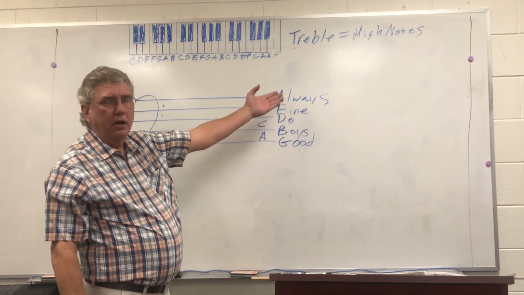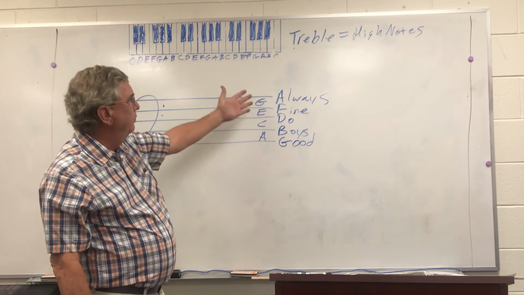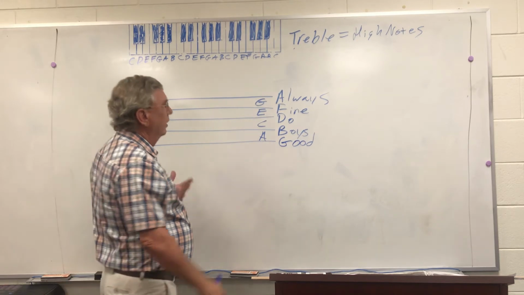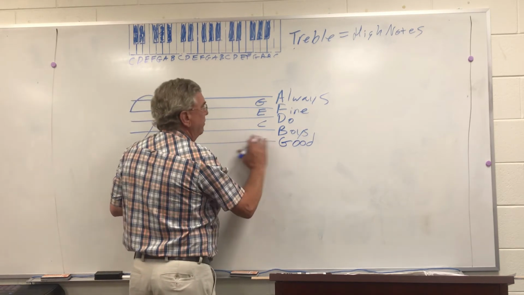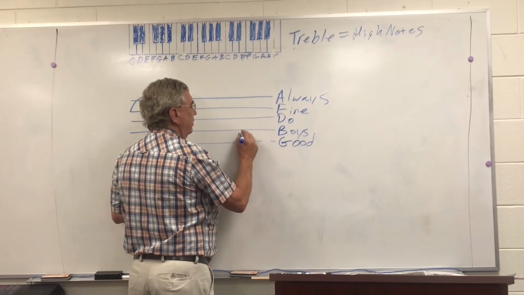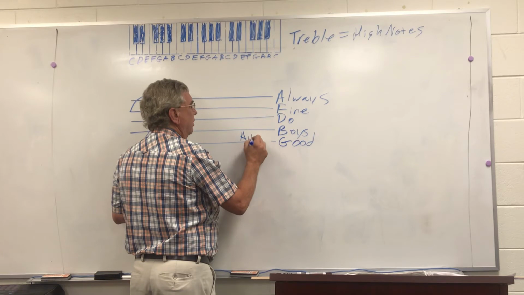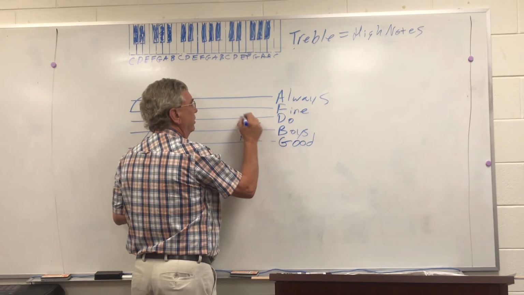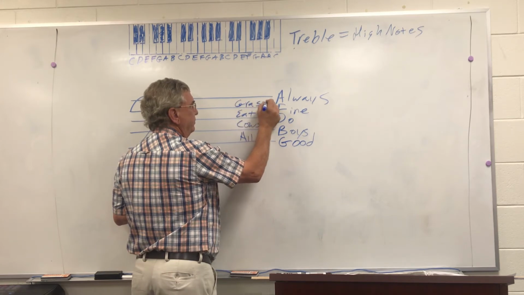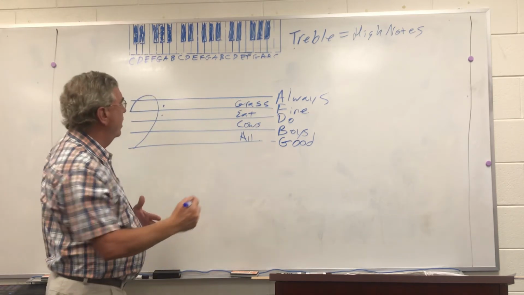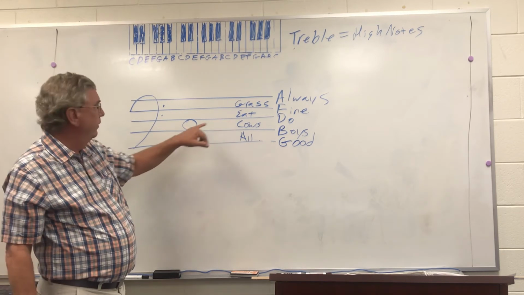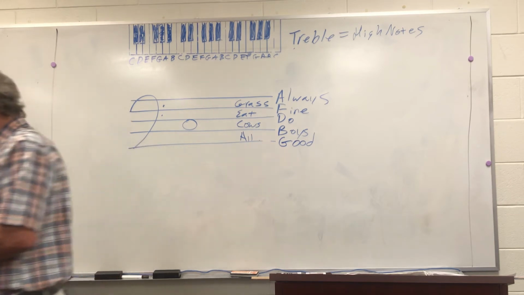Good boys do fine always is the names of the lines at the bottom of the bass clef, G, B, D, F, A, and the spaces, the mnemonic that people use for the spaces in the bass clef, all cows eat grass. So if we have a note sitting in this space, we know it's in the C space. This is to play the note C in the bass clef.